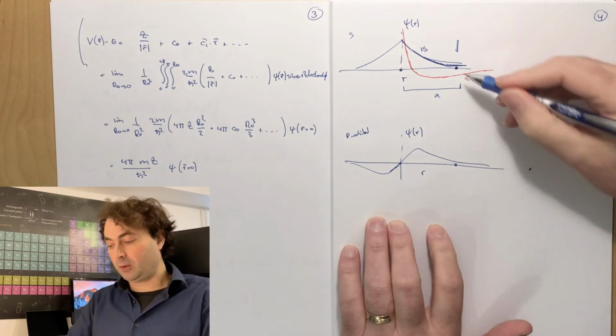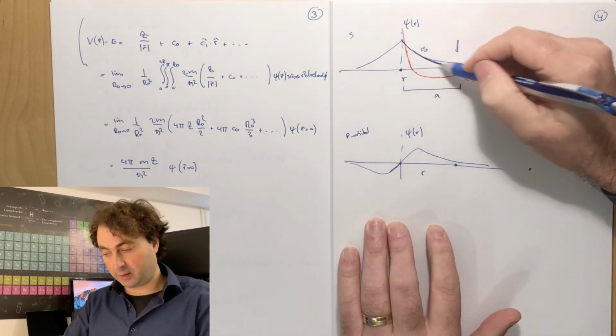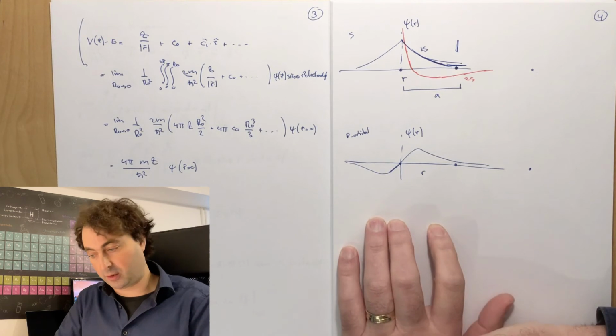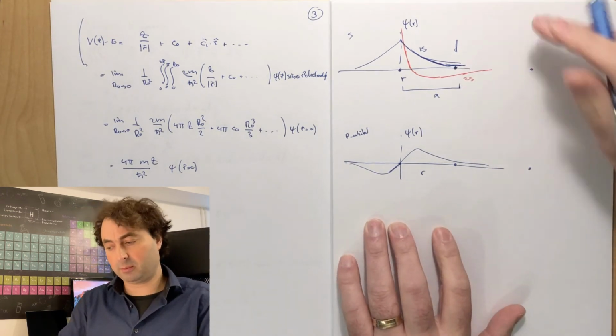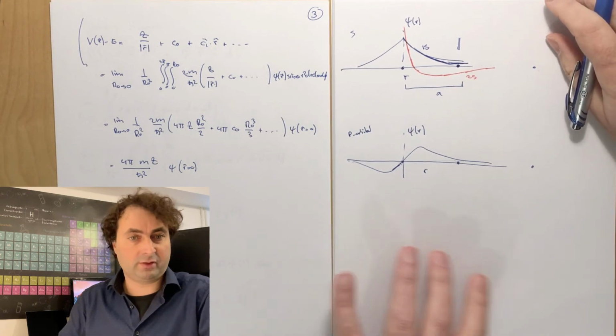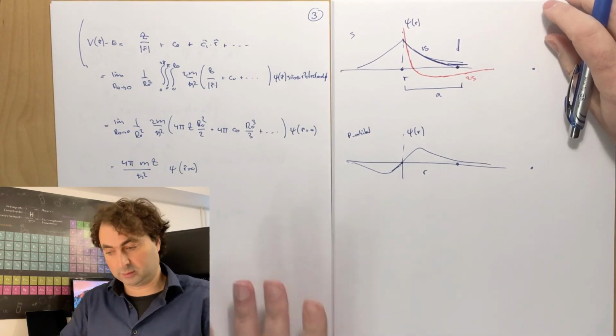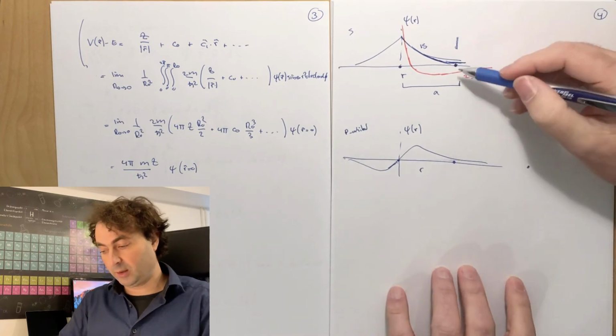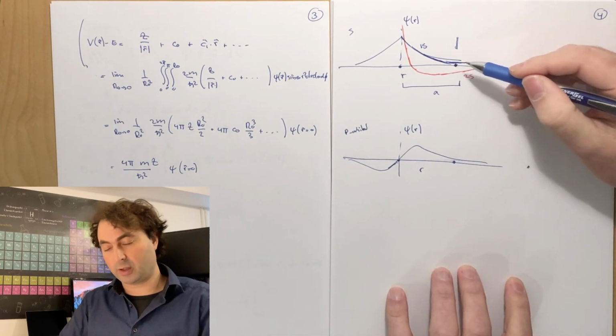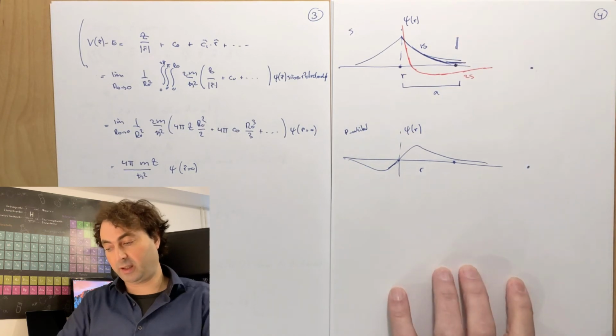Now, in order to make sure that our basis function fulfills Gauss' theorem, and it is important to fulfill Gauss' theorem because we're talking about infinities and infinite divergences, that's the first thing that you have to fulfill. In order to fulfill Gauss' theorem, this wave function either has to be zero or has to have a kink.